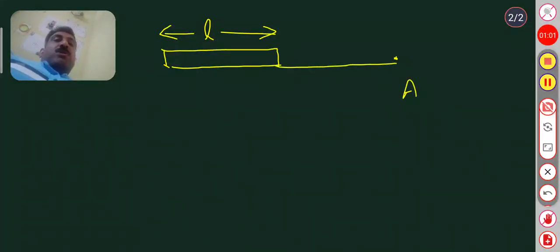From this end, let me take a point A. The distance from the end of the rod to this point A, I take to be d. And let me take a small segment of this rod.